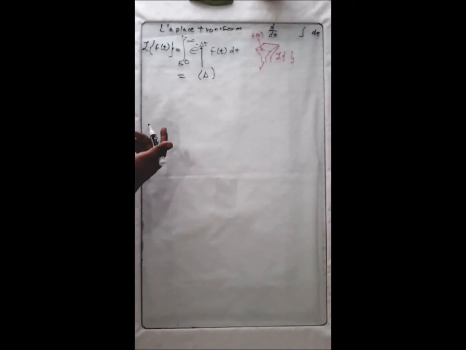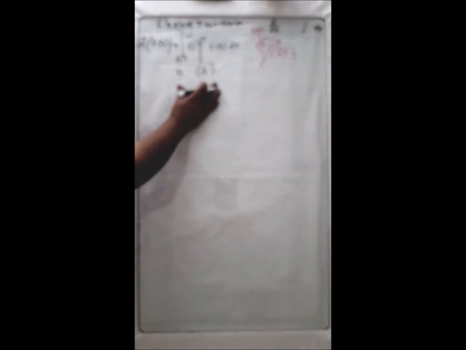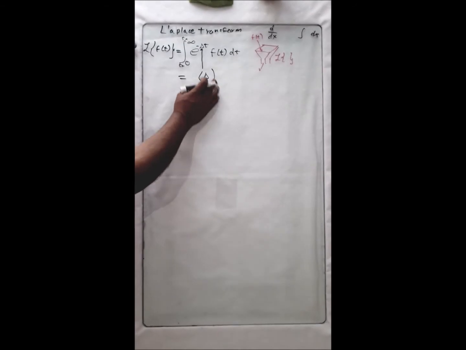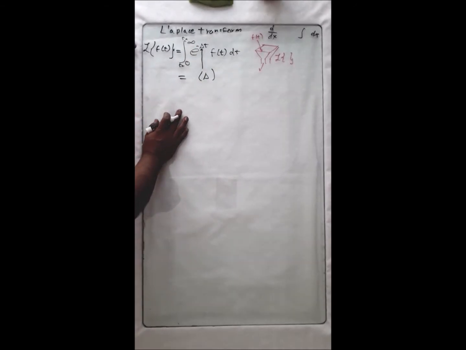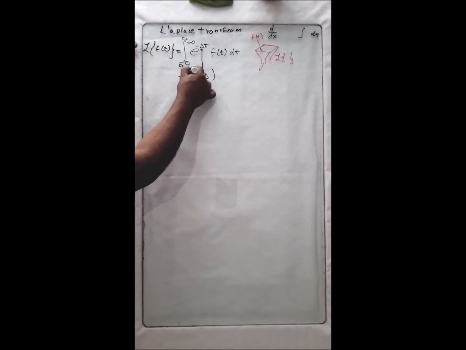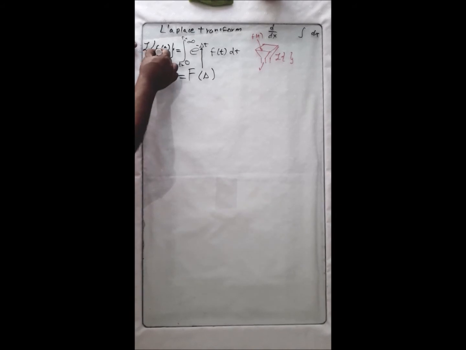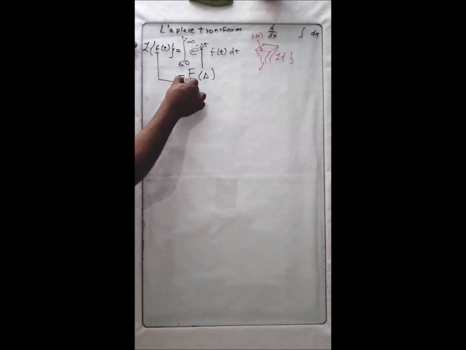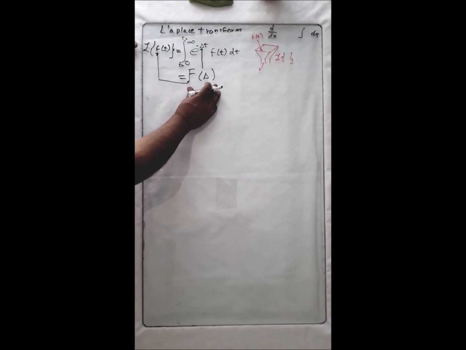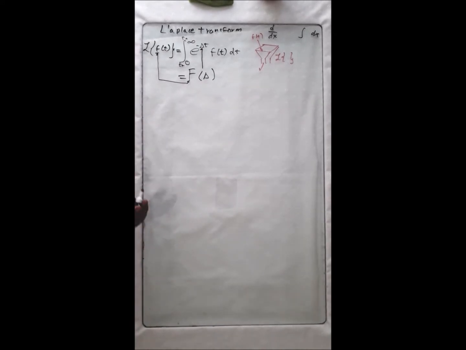So the only variable that survives here is the variable s. But the transformation is of f of t, so what we are going to use is capital F. It means you have transformed this function, and this is capital F of s. That is a convention in the book.